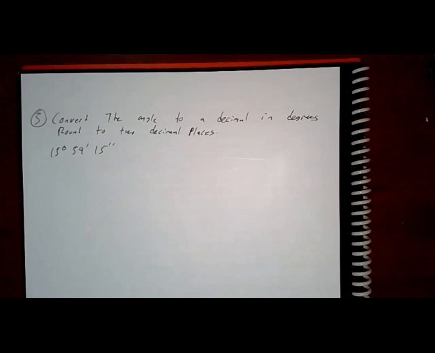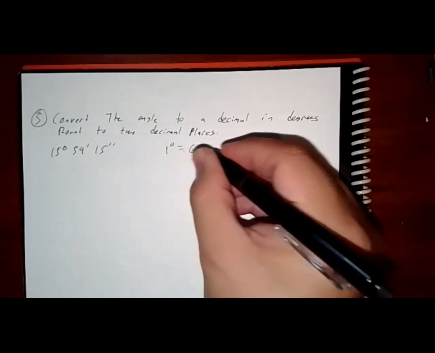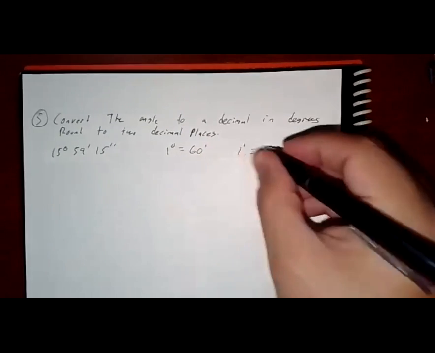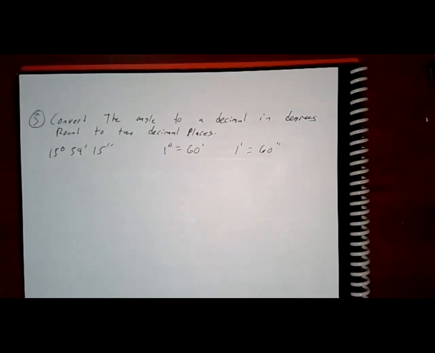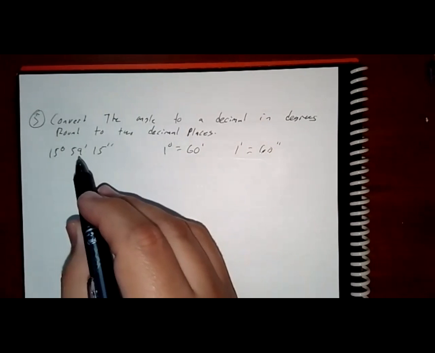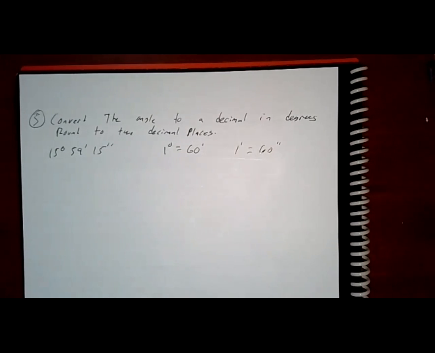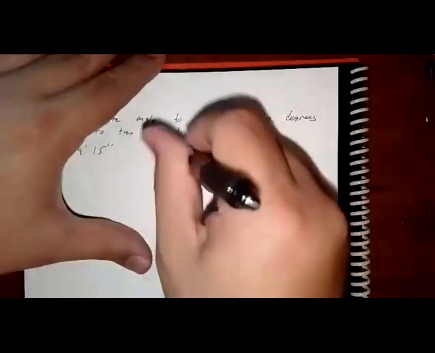Okay, so I'm just going to write my little formulas here. 1 degree is 60 minutes. 1 minute is 60 seconds. So remember we said we're just gonna leave the degree alone and change this into a decimal.